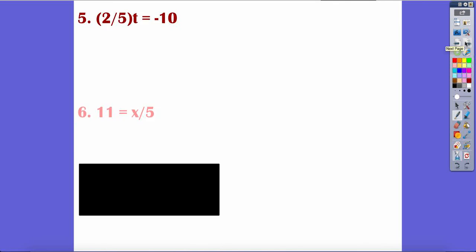All right, number 5, 2/5 t equals -10. I'm going to go ahead and just rewrite that. And this is the problem that I was telling you before. I will show you a different method to do this. Okay? This process right here is called multiplying by the reciprocal.